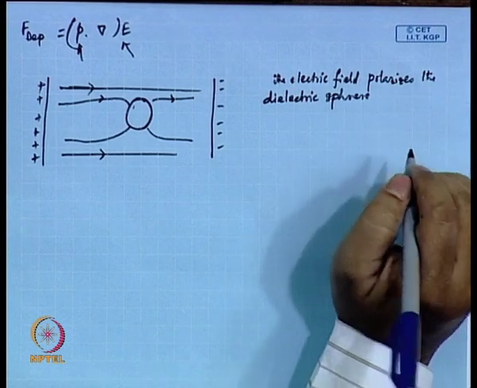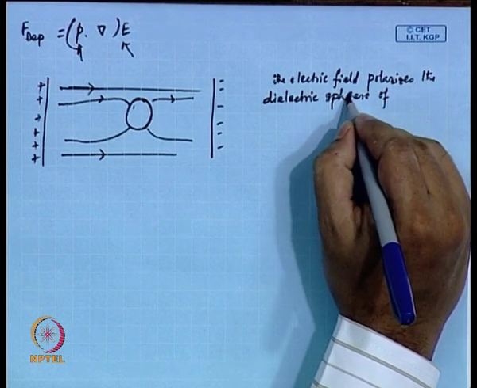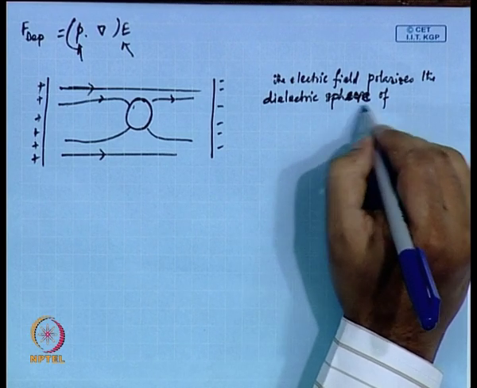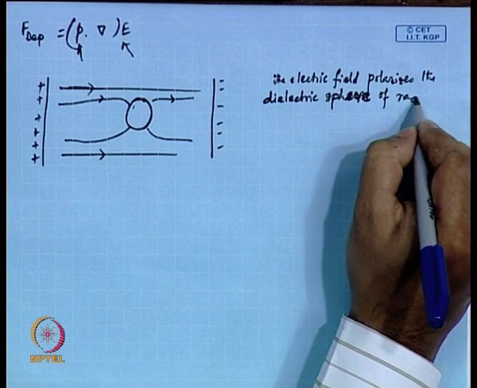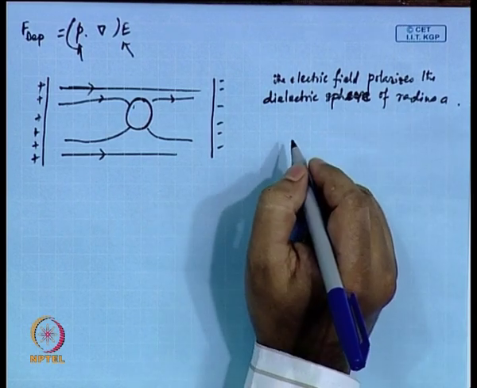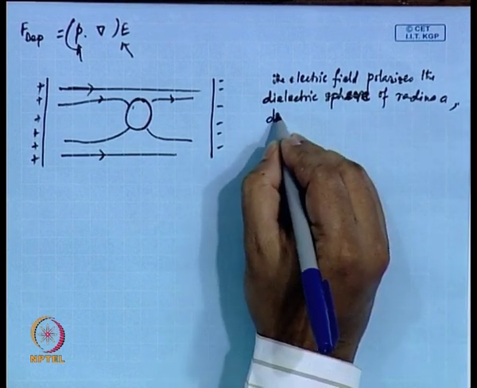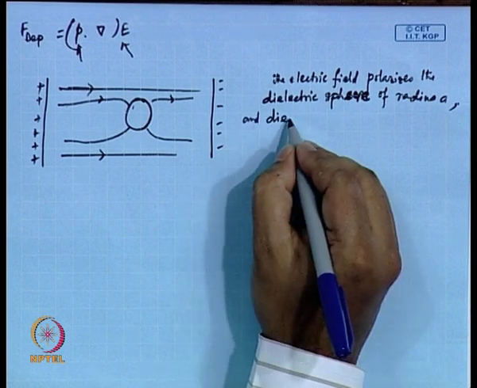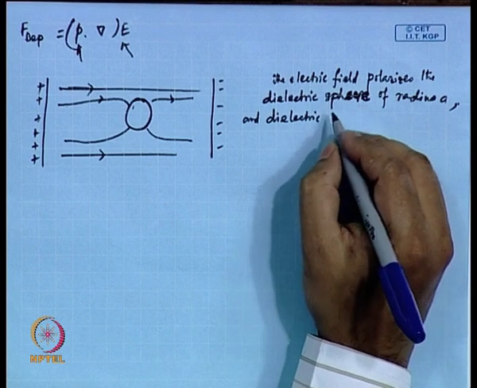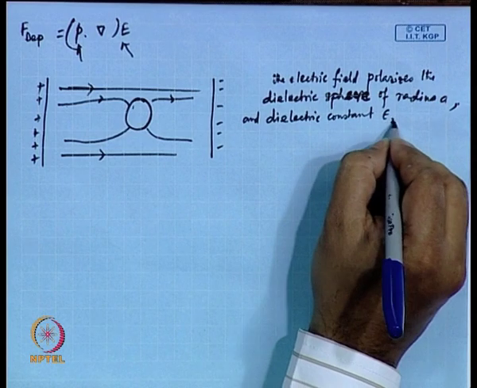The electric field polarizes the dielectric sphere; I write this as a sphere of radius A and dielectric constant epsilon 2.